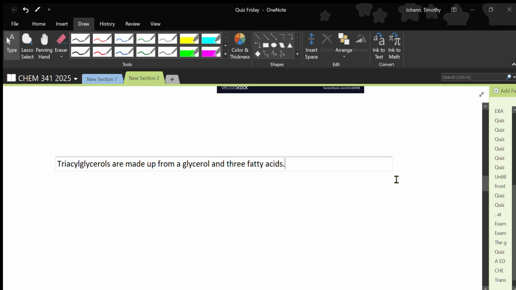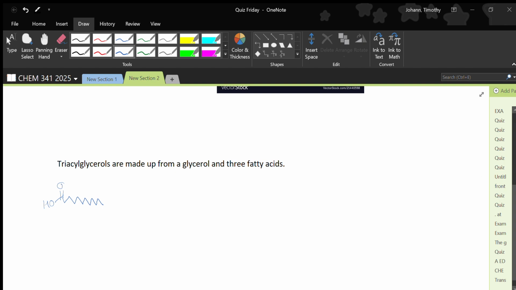I'm going to draw these a little bit shorter than they are in general animal systems. In general animal systems, your fatty acids are going to be somewhere, I don't know, 16 to 22 in length.